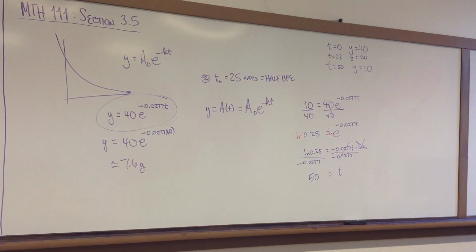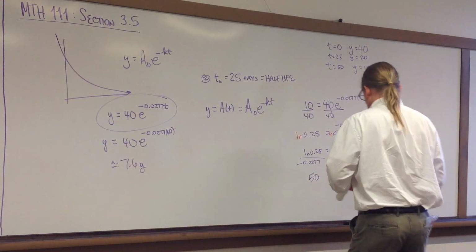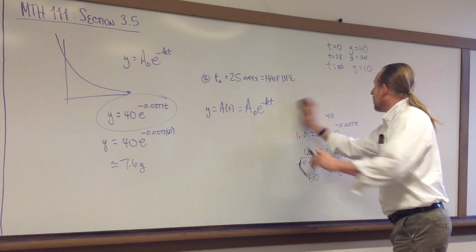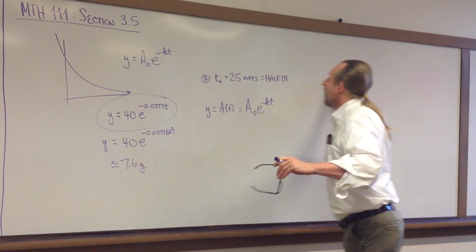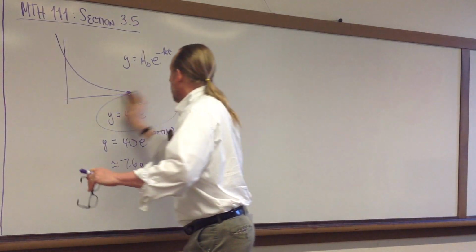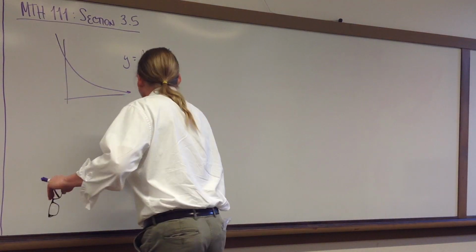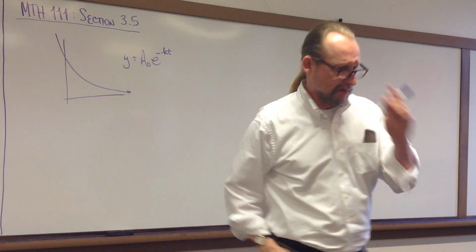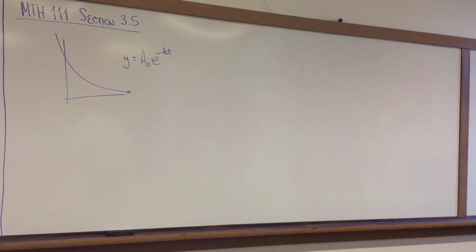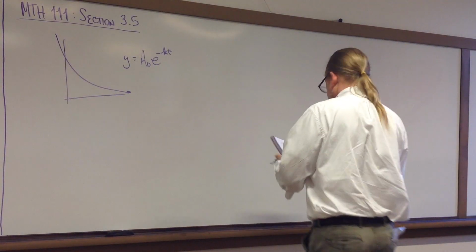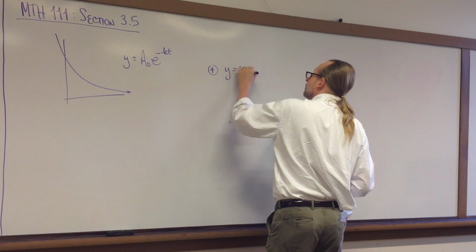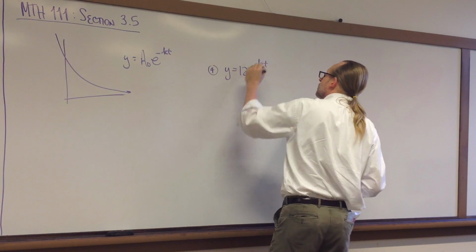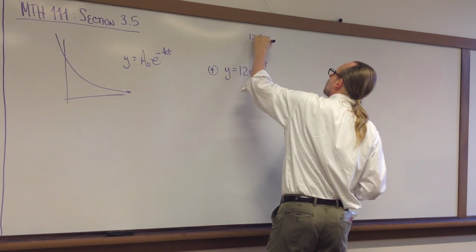All right, let's look at problem 4. So we've got a 12 milligram sample of radioactive polonium. So we're going to be talking about y equals 12e to the minus kt.